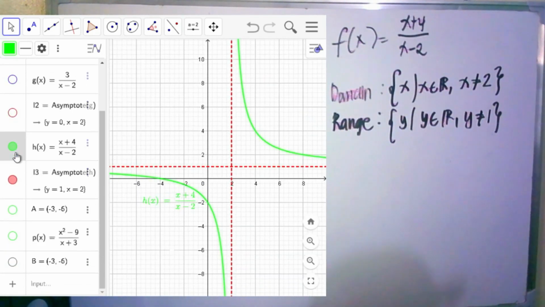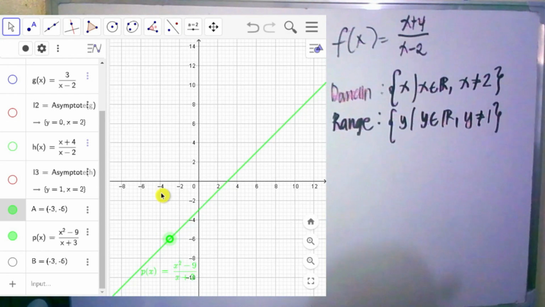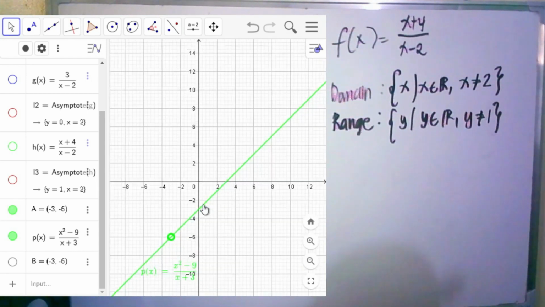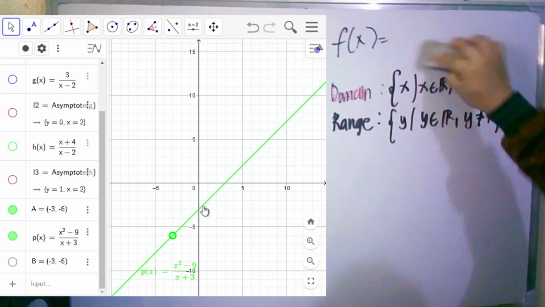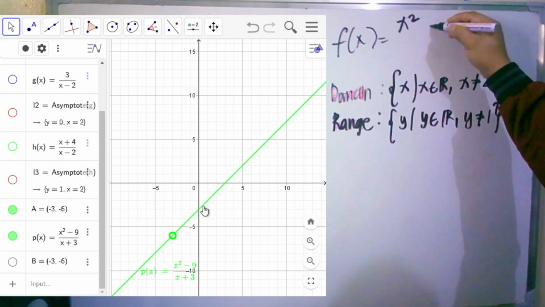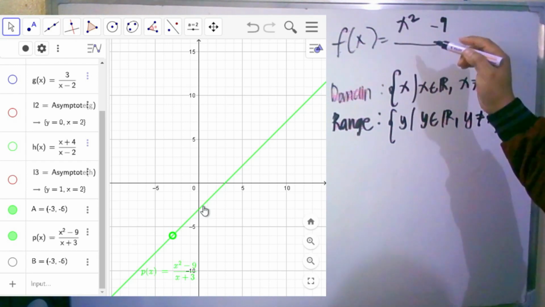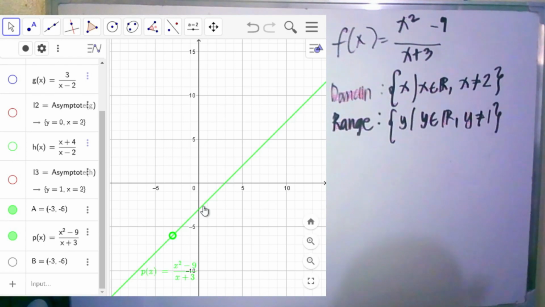Right, let's have another one. This is my last example, I think. The rational function here is x squared minus 9 over x plus 3. Alright? So you tell us now the domain.